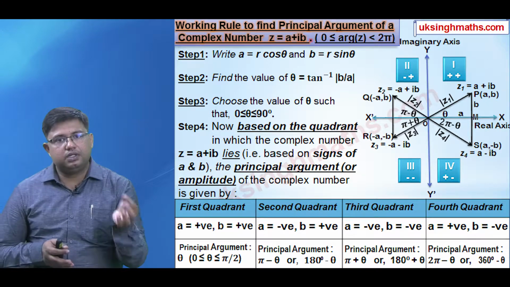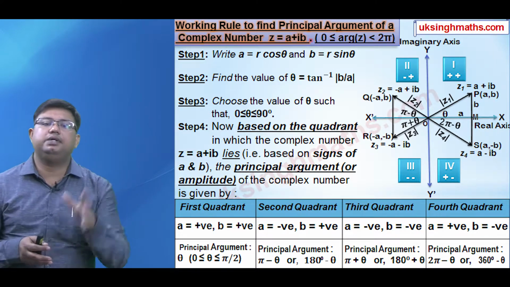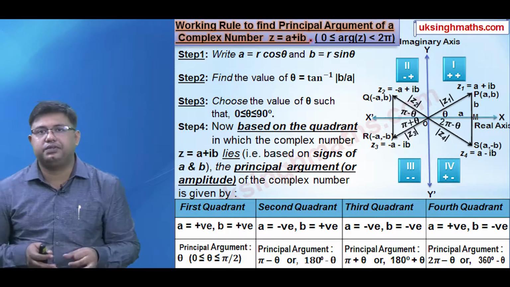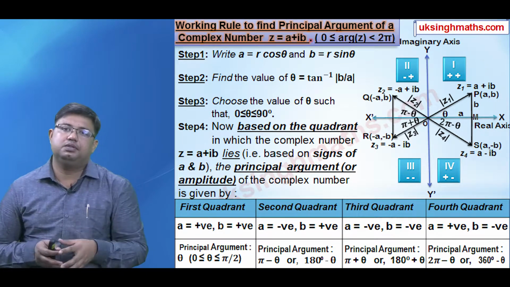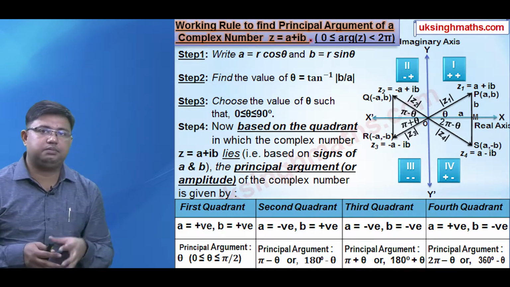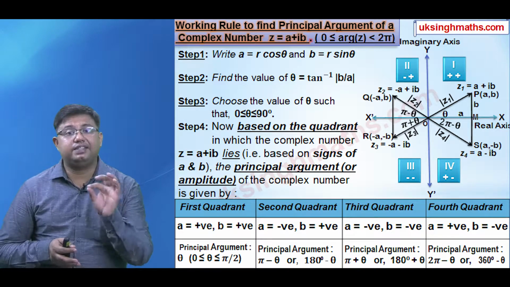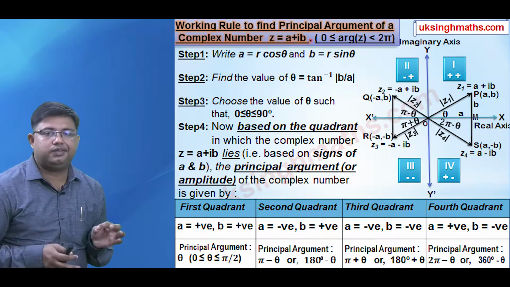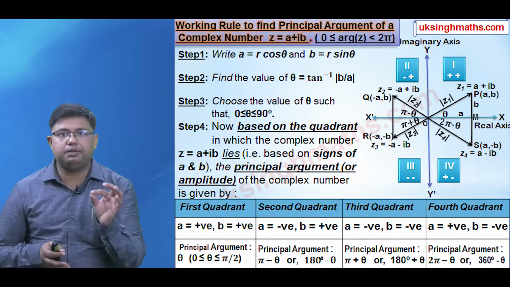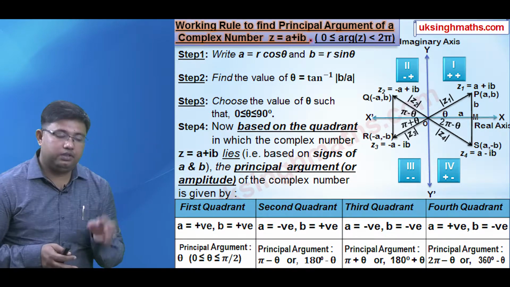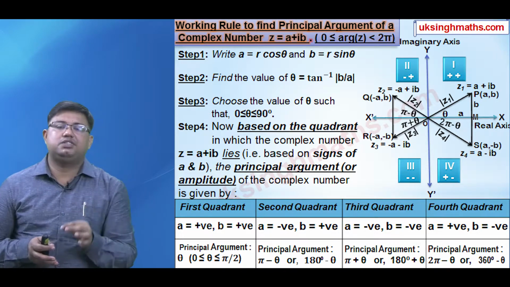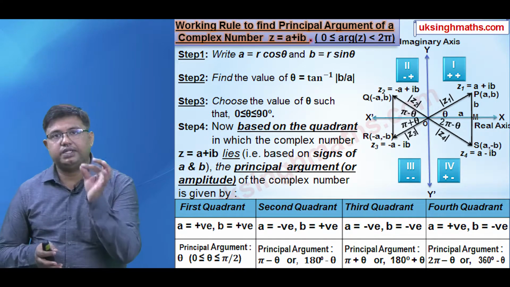Suppose both the real and imaginary parts, both a and b, are positive. Then according to this convention, the principal argument of the complex number z will be given simply as θ, what we have just obtained. If your complex number lies in the second quadrant, that is, the real part a is negative and imaginary part b is positive, then the principal argument is given as π minus θ or 180 degrees minus θ.